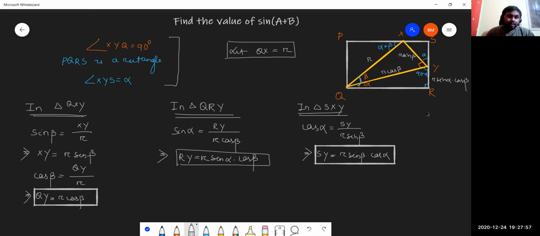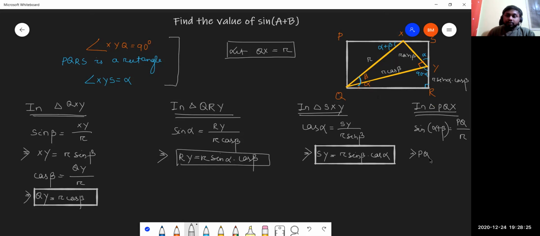Now we will go for the last triangle, triangle PQX. In triangle PQX, the angle we have is alpha plus beta. In the same way, I will go for sine of alpha plus beta, and it will be PQ over the hypotenuse, and the hypotenuse is r here.